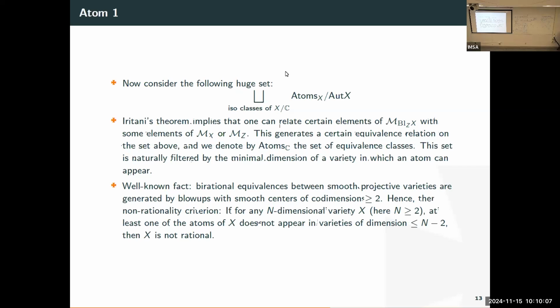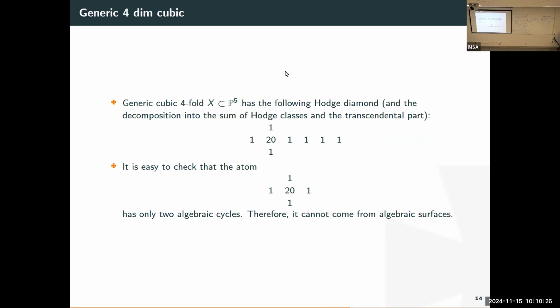Except that this approach works in higher dimensions, and of course it can be enhanced in many additional ways, as I'm going to show. So now we already have enough to address the question that I posed of the generic four-dimensional cubic.